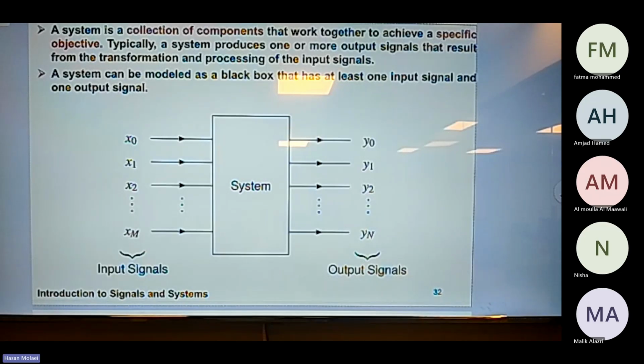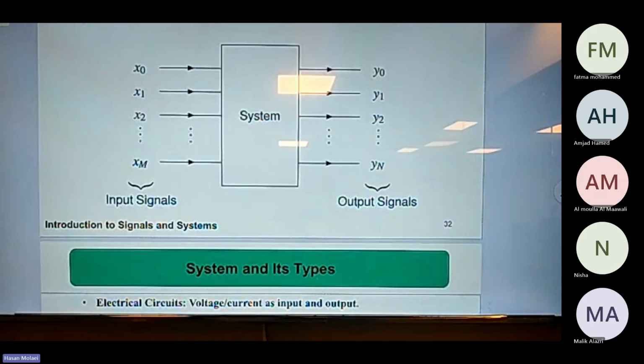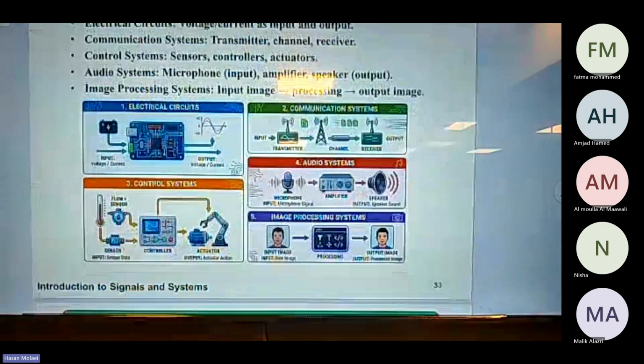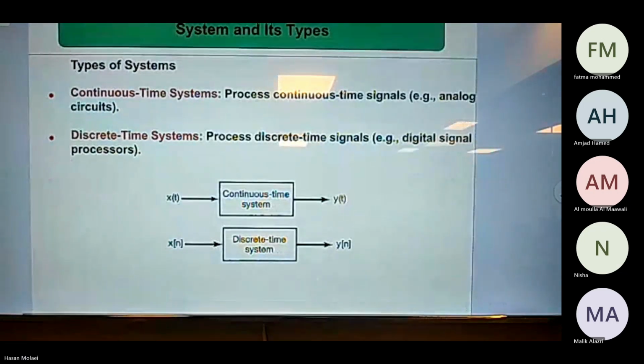Now we are going to go through a fast review of systems. As you know, we can define different kinds of systems like signals, but we just go through continuous time systems with single input, single output. You can see this by yourself. We have different kinds of systems.